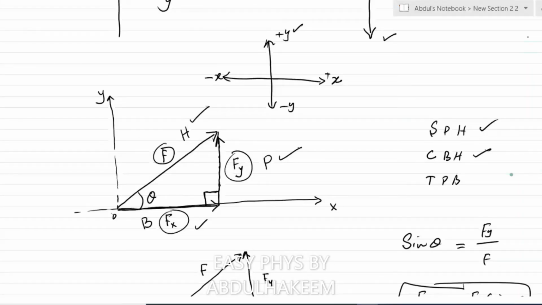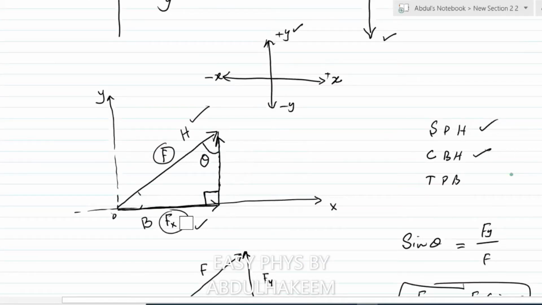Okay. Now suppose this angle is not given. This side is given, this angle is given in the question paper. So this is not the y component, this is not the x component now. The side opposite to the angle is perpendicular.